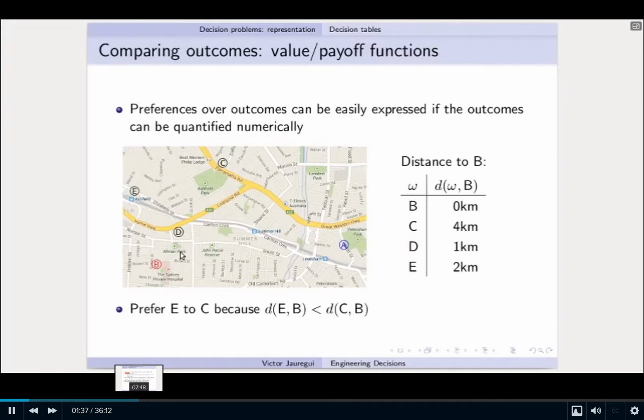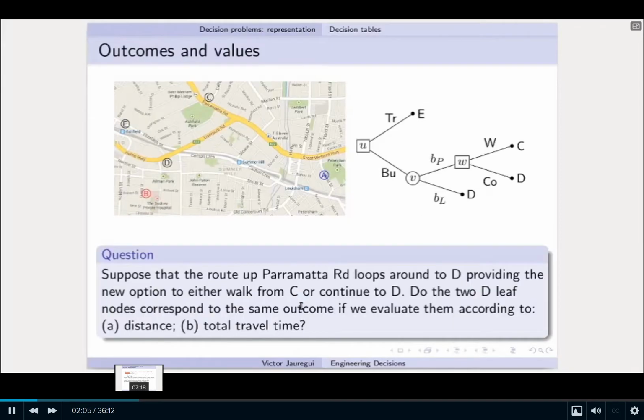Right, so if we express our preferences in terms of distance from the point of disembarkation, I don't know if that's a word, so in terms of where we get off, we can express our preferences by the distance from the point where we disembark to our destination.